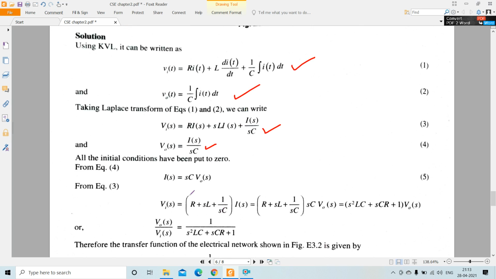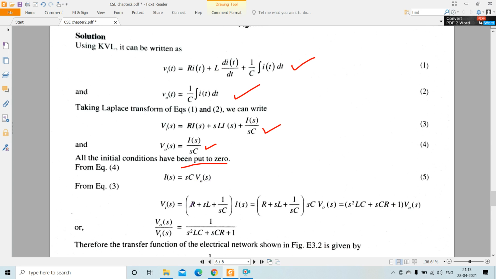Here, the definition of transfer function is the ratio of the Laplace transform of output to the Laplace transform of input, with all initial conditions 0. So this is our condition. From this expression we found I(s) is equal to sC into V0(s).